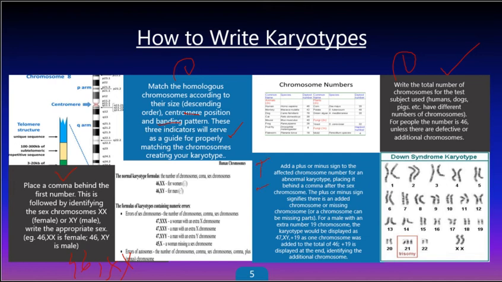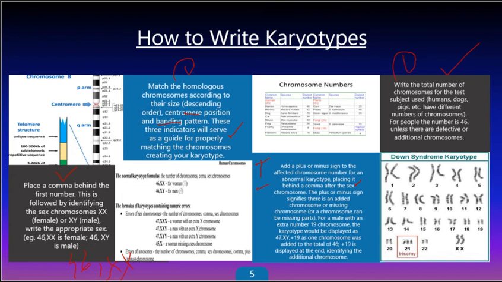Then what is the use of the plus or minus sign? Add a plus or minus sign to the affected chromosome number. It means that it is a mutation, anything that is not normal. It is placed after the comma following the sex chromosomes. First we indicate the normal chromosome number, then the sex chromosomes, and then plus or minus means a deletion or insertion of something.